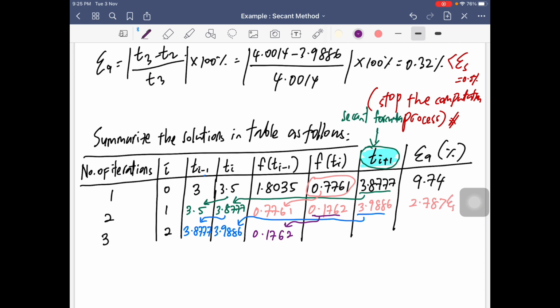So that means in the next iteration, only these two columns need to be updated. Because for the other part, you already have the known value from the previous iteration. All right, so that's why I said that by using a table you can save a lot.